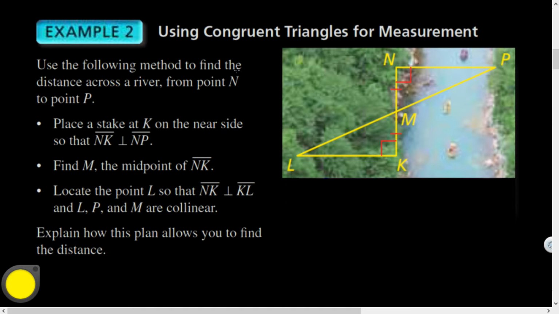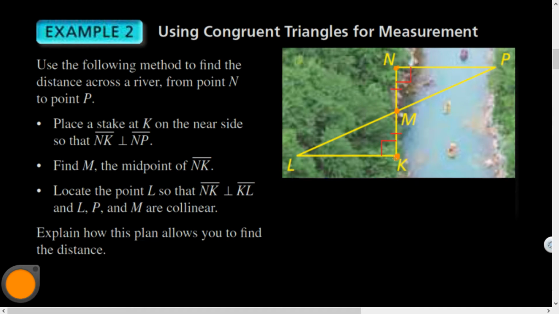Let's see. Use the following method to find the distance across a river from point N to point P. Place a stake at K, on the near side. All right, that's easy. So we're placing a stake right here. Then find M, the midpoint of NK. So here's where I was going to cross it, and then I would find the midpoint and label that somehow.